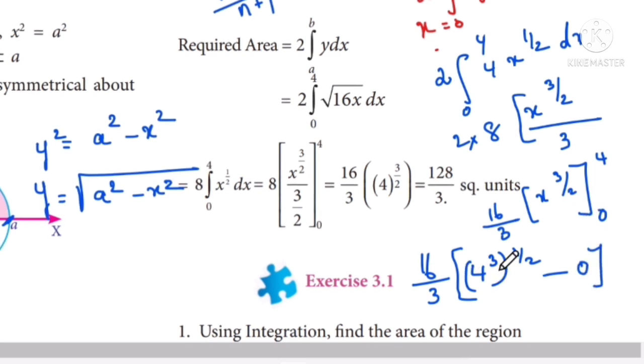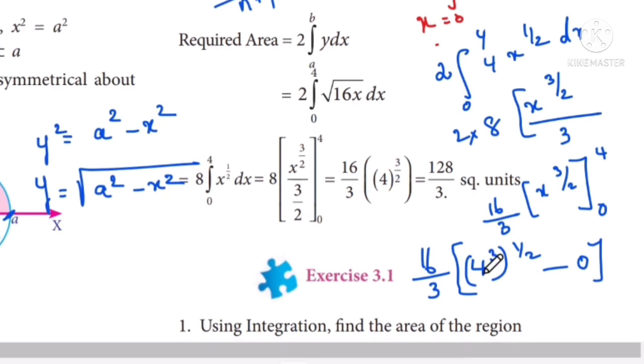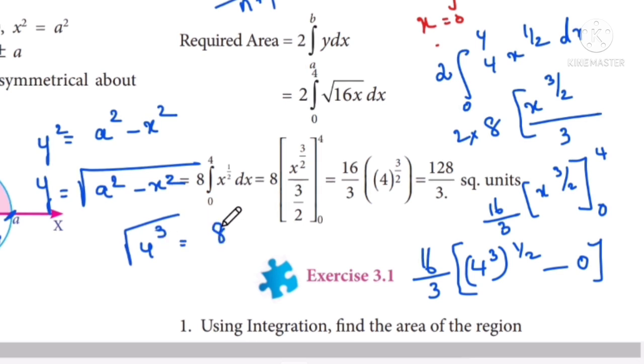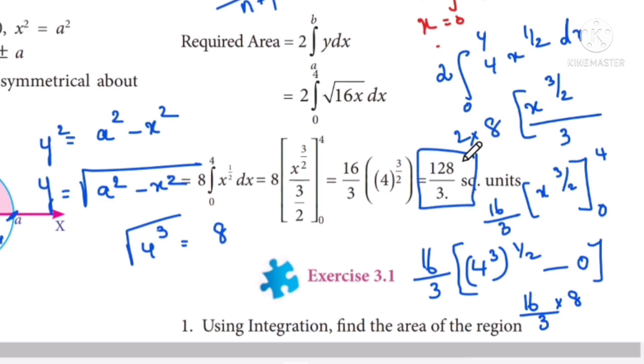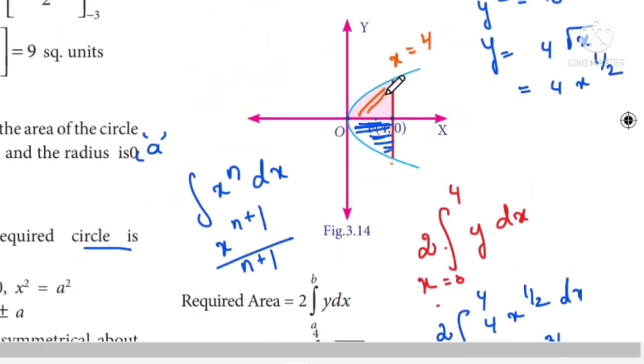Now 4 cube is 64, root of 64 is 8. So we get 16 by 3 into 8, that is 128 by 3 square units. So this area is 128 by 3 square units.